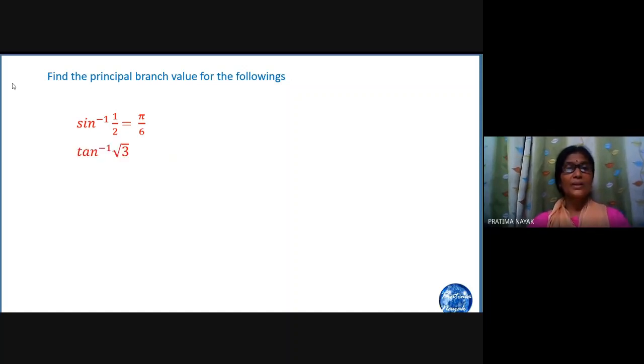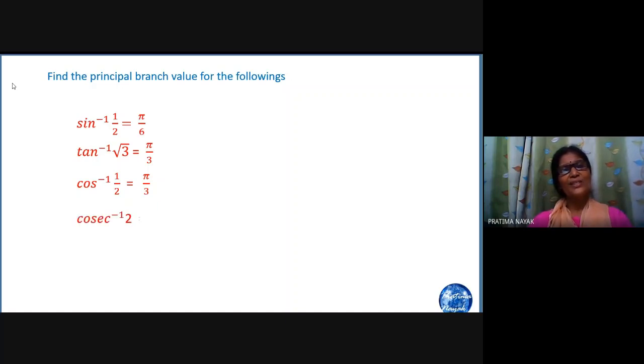Next, tan inverse root 3. So this is equal to pi by 3. Why? Tan pi by 3 is equal to root 3. Next is cos inverse half. Now it's clear. You can also say it will be pi by 3. Cos pi by 3 is half.